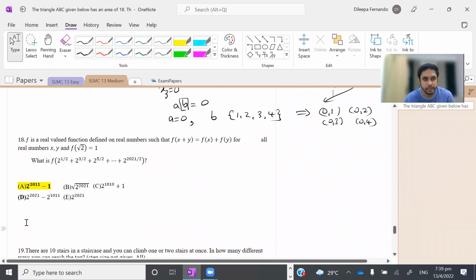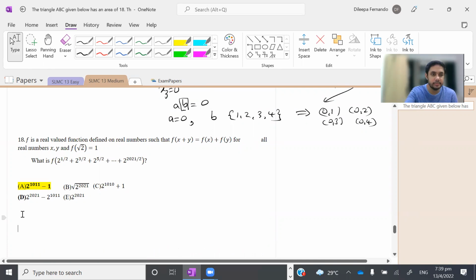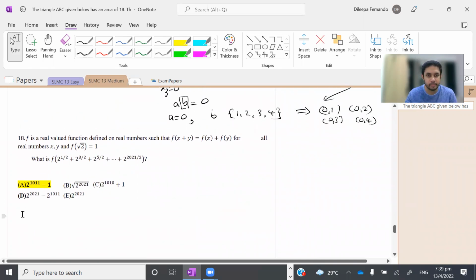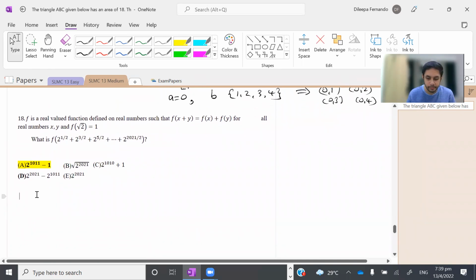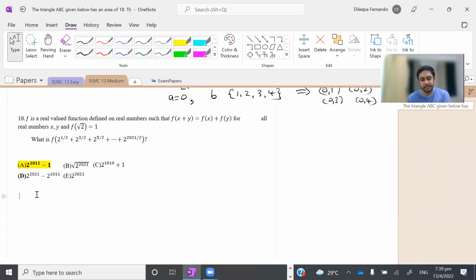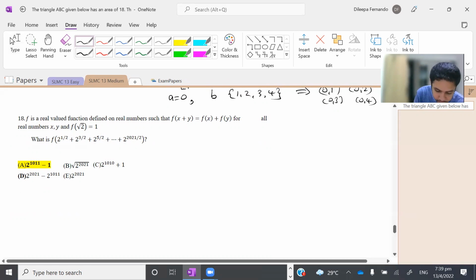Okay. So let us look at question 18. f is a real valued function defined on real numbers such that f(x plus y) equals f(x) plus f(y) for all real numbers. So that is something as a keyword.